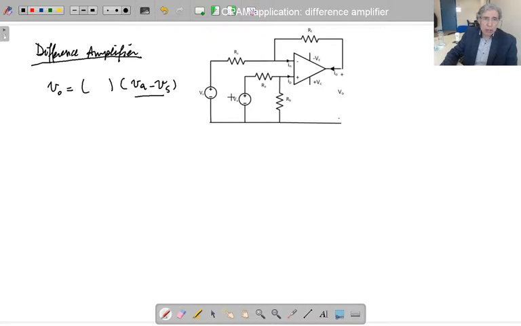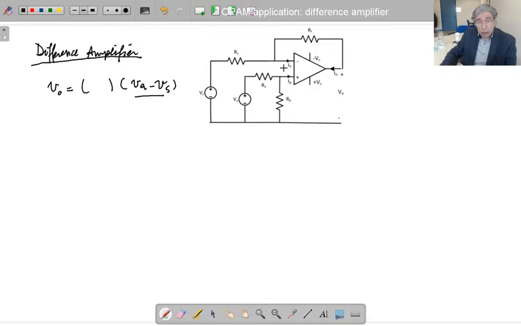In this analysis, we do not need to use the node voltage method or the mesh current method, the full version of it. Why don't we need that? Because we are going to calculate only one voltage within this circuit. So we don't use the whole method.